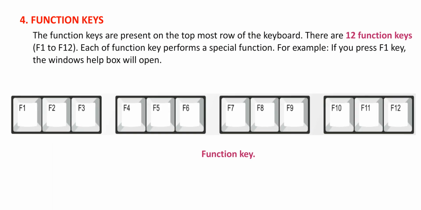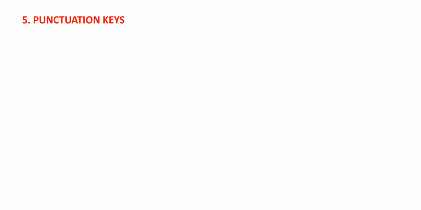Fourth, function keys. Function keys are present on the topmost row of the keyboard. There are 12 function keys F1 to F12, each one of which performs a special function. For example, if you press F1 key, the Windows help box will open.